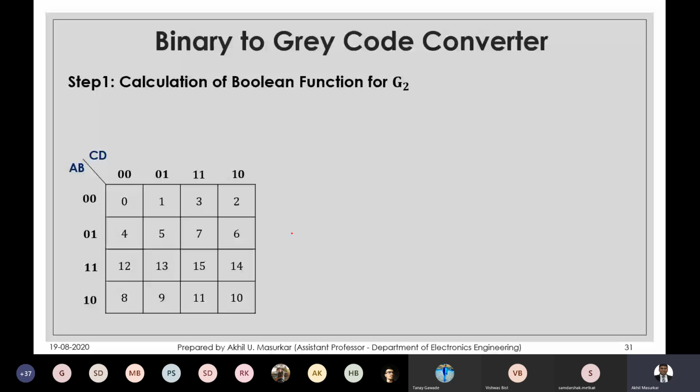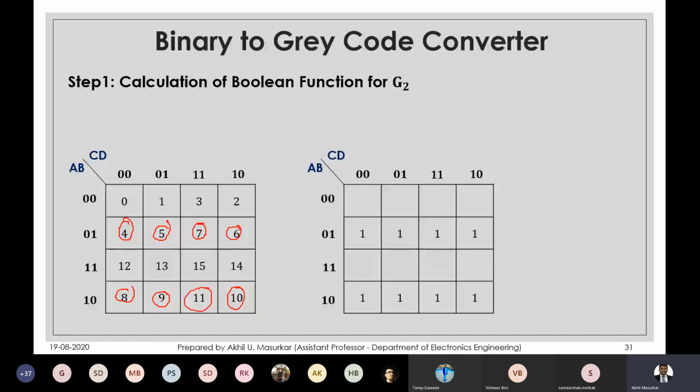So 4, 5, 6, 7, and 8, 9, 10, and 11. These are the places where we'll put a 1, and that will give me two groups straight away. The first group will give me A bar B, and the second one will give me A B bar.